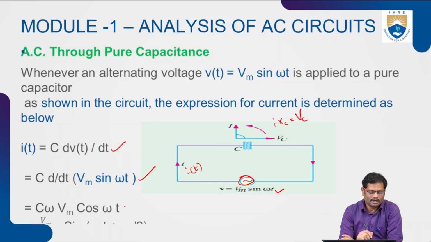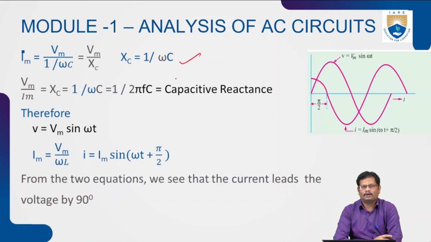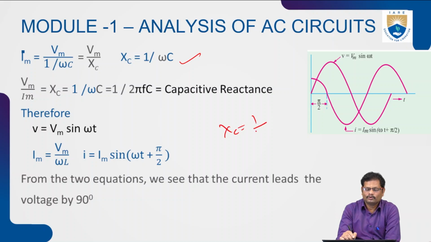So C omega Vm cos omega t. But Im is Vm by 1 by omega C, where Xc is 1 by omega C. Omega is again 2 pi f. Vm by Im is Xc.